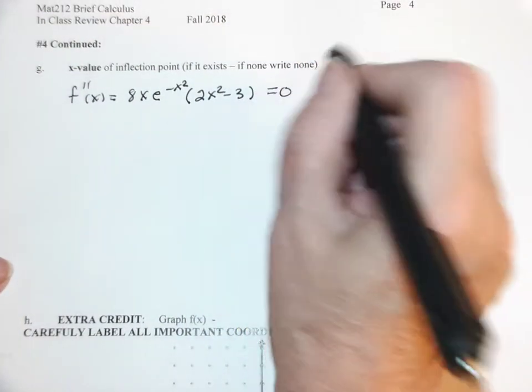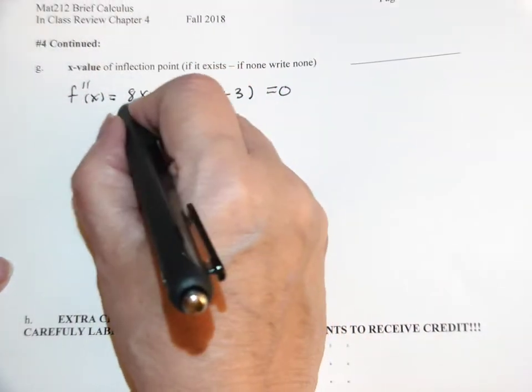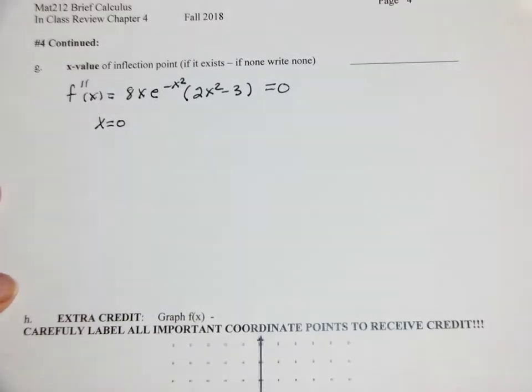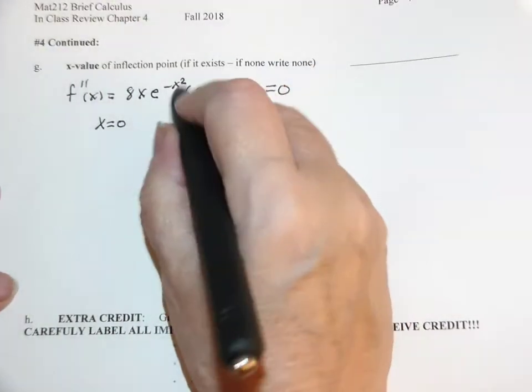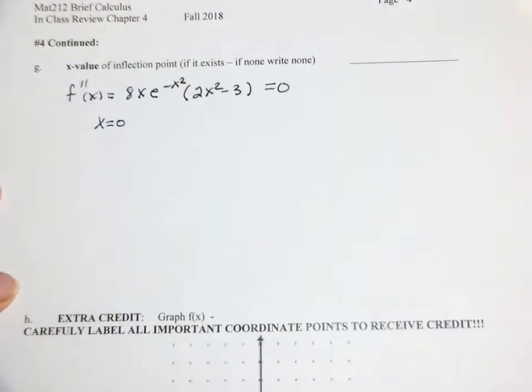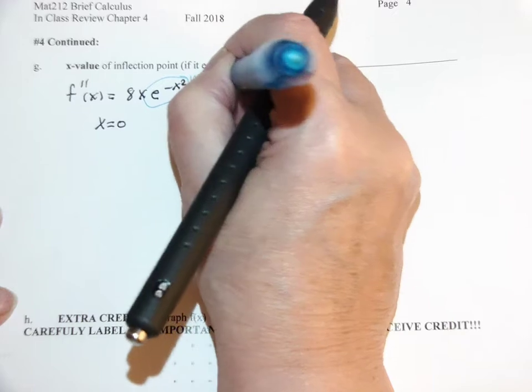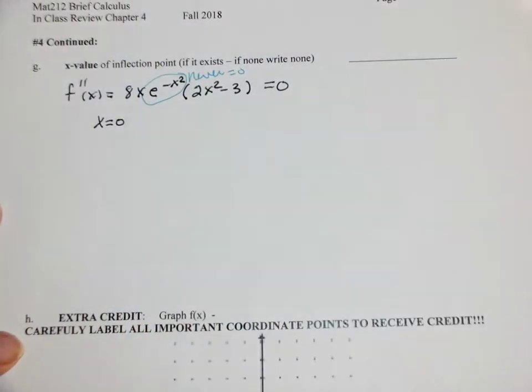Set that equal to 0. Well, 8's never 0, but I get an x equals 0. And this guy is never 0. It's a nice thing about e.